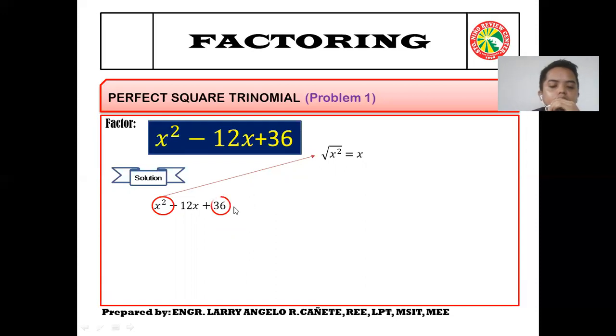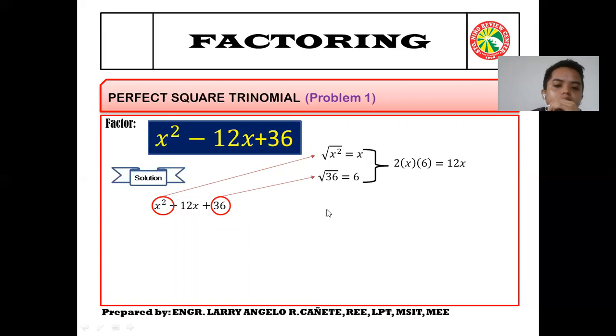Second, you check if the third term here can be square rooted. The square root of 36 is 6. So again, it qualifies to the requirements.